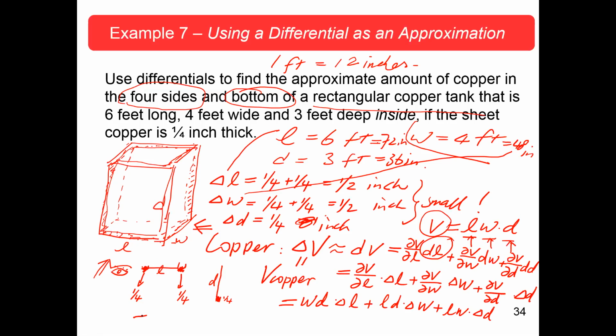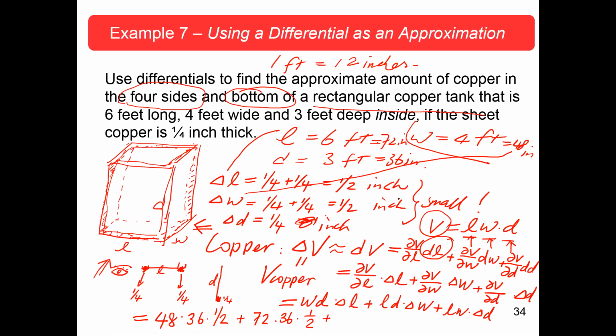And then in the end, let's plug in every value we have. The width is 48. The depth is 36 inches. Delta L, the change of the length, is 1/2. Length is 72. Depth is 36. The change of the width is 1/2 as well.